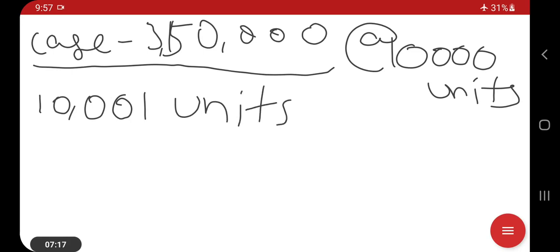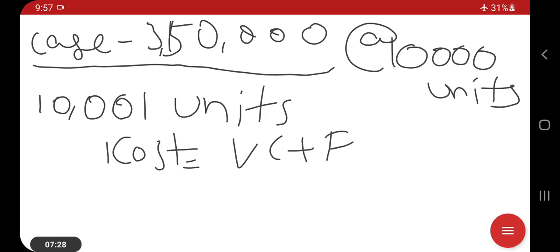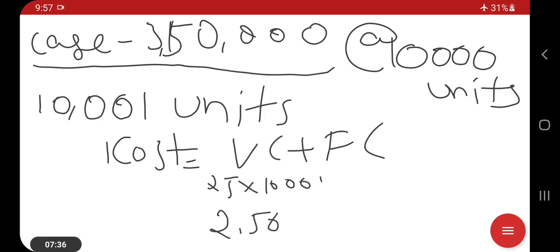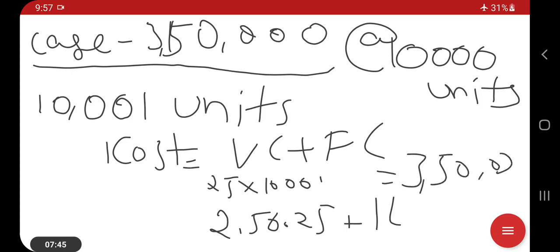Again the total cost is equal to variable cost plus fixed cost. Here variable is 25 into 10,001, that is 2,50,025 rupees, plus fixed cost 1 lakh, equal to 3,50,025 rupees.